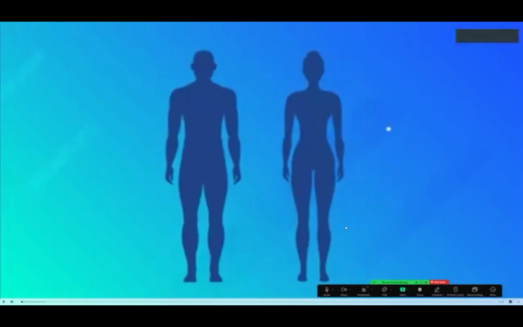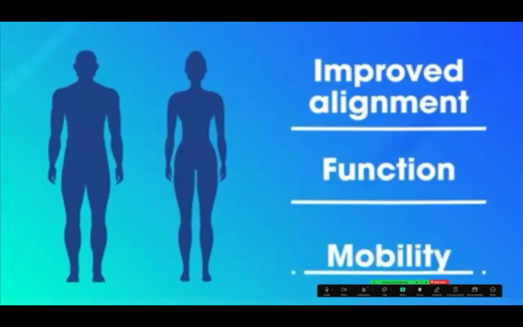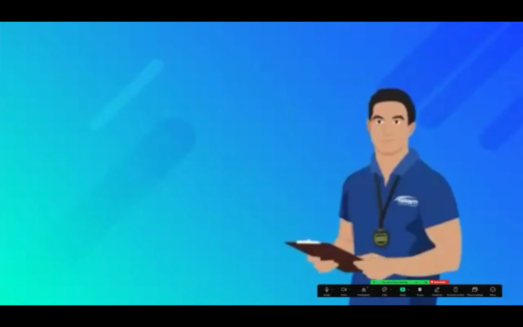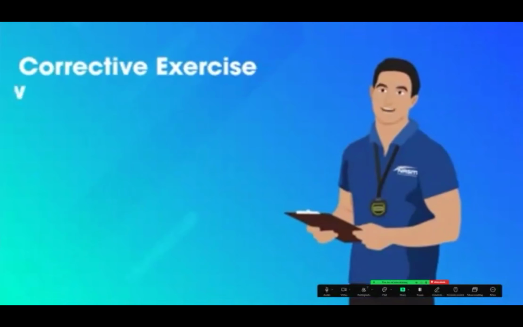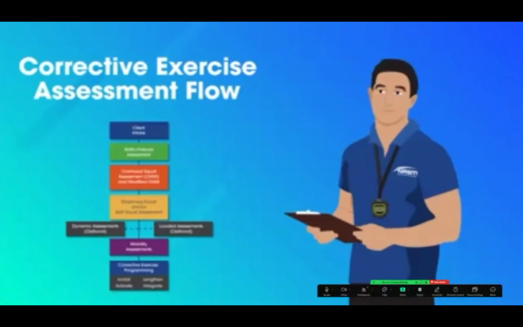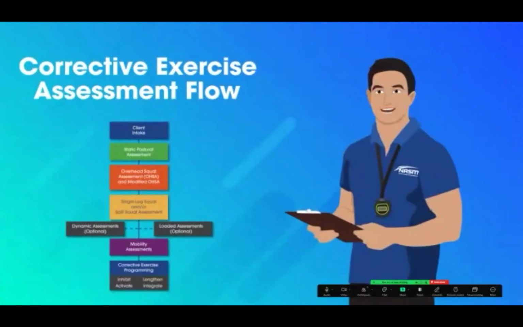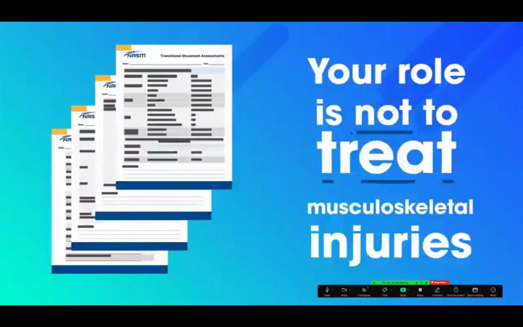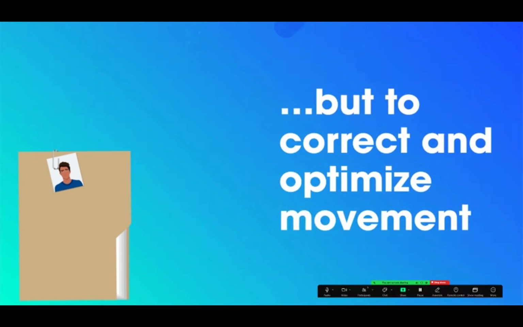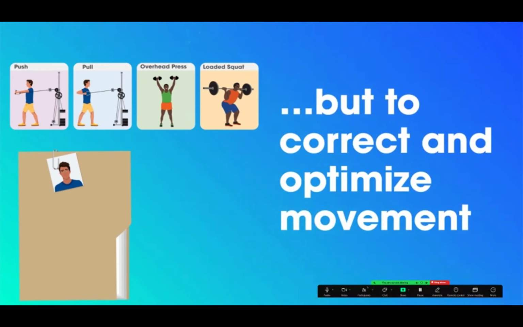Everybody has a body capable of improved alignment, function, and mobility. By learning to work through the corrective exercise assessment flow, you can change people's lives for the better through your role as a corrective exercise specialist. As we work through this information, it's important to remember that your role is not to treat musculoskeletal injuries, but to correct and optimize movement through exercises designed for each individual.